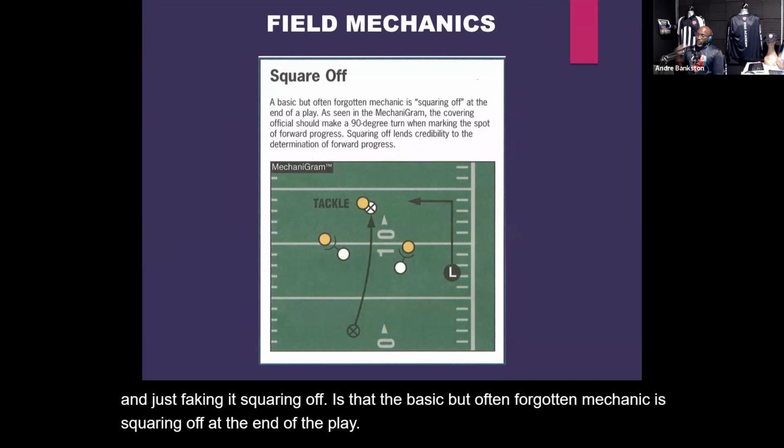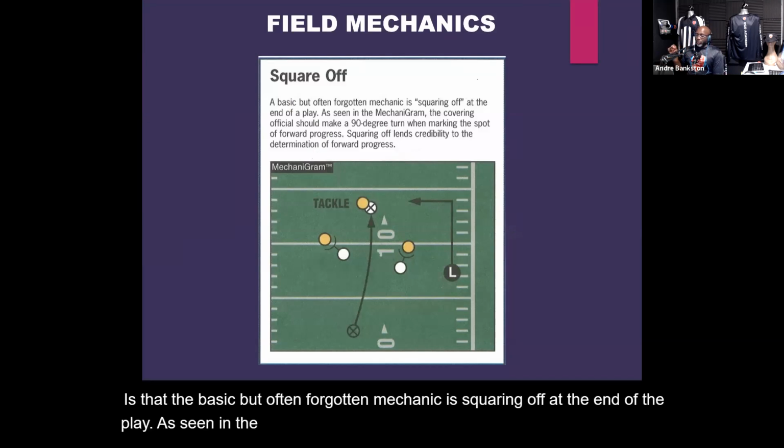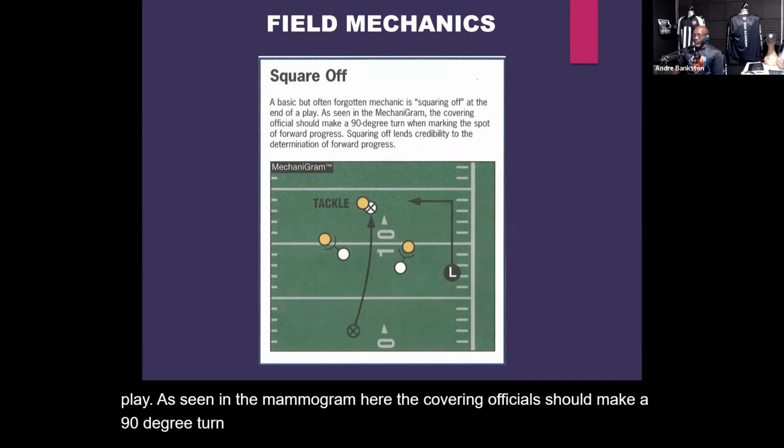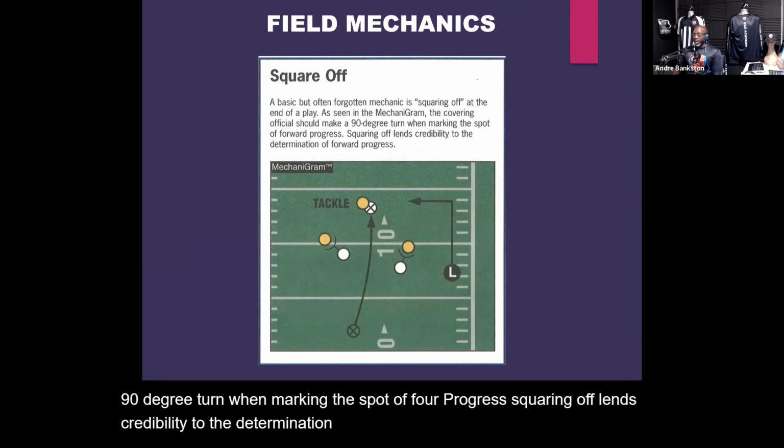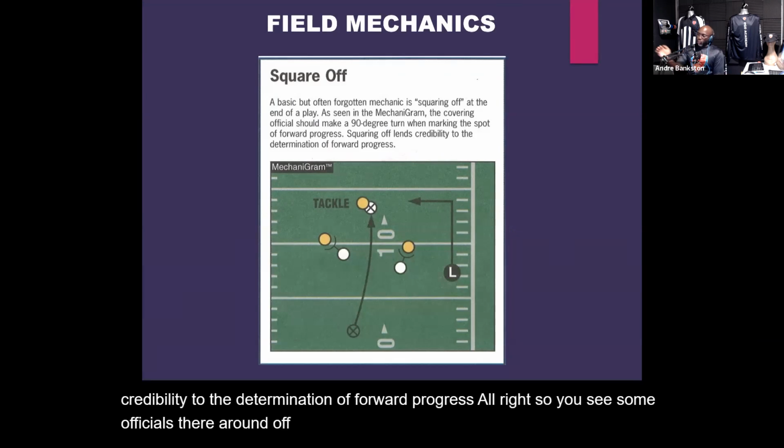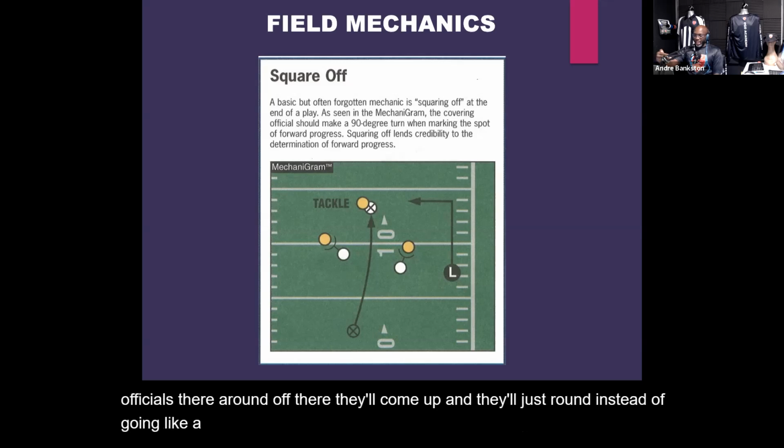As seen in the memogram here, the covering official should make a 90-degree turn when marking the spot of forward progress. Squaring off lends credibility to the determination of forward progress. Right? So you see some officials, they'll round off. They'll come up and just round instead of making a military 90-degree turn. So we square off when we get the spot.